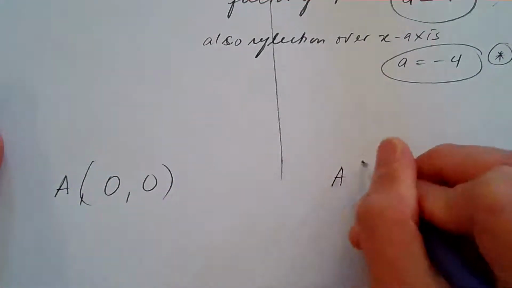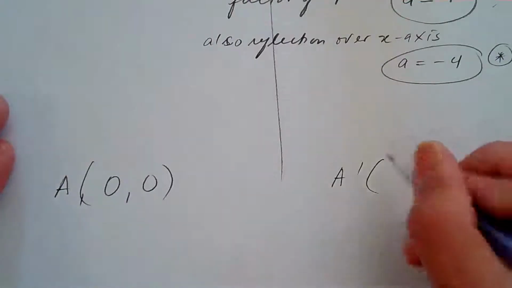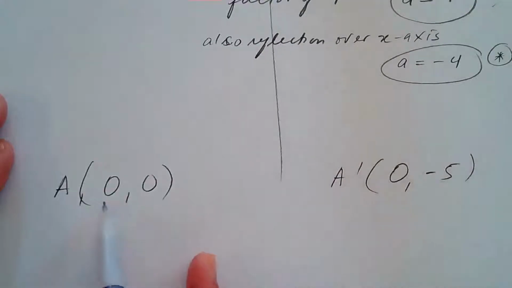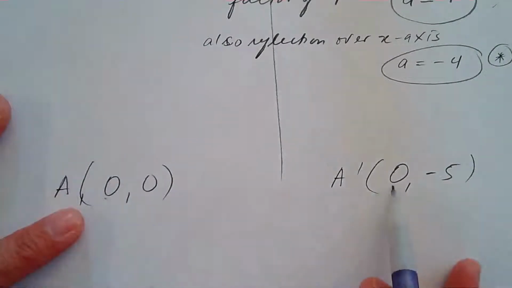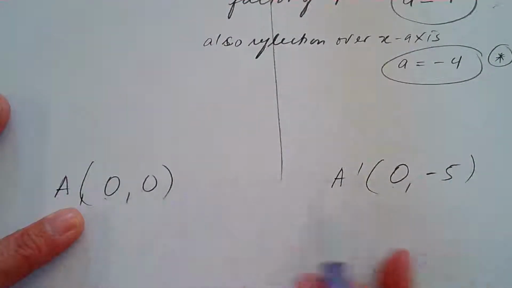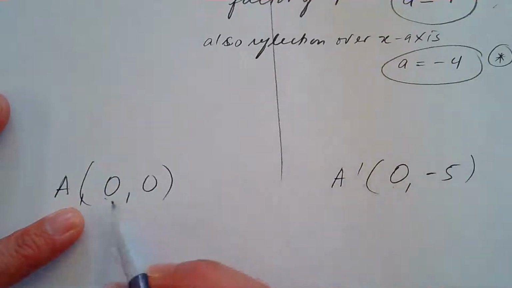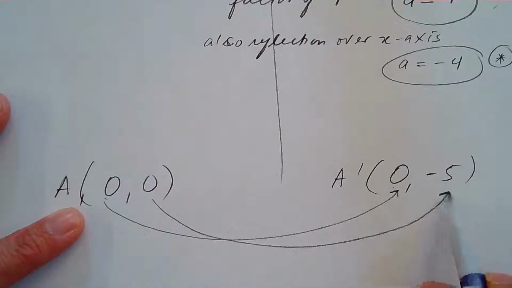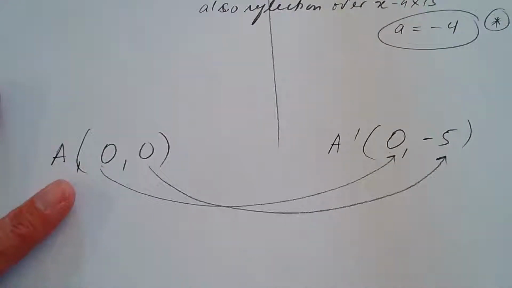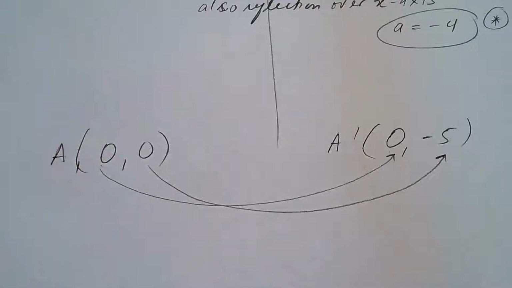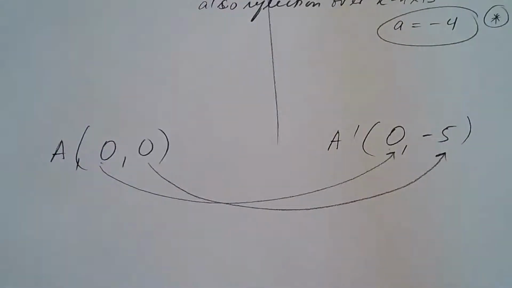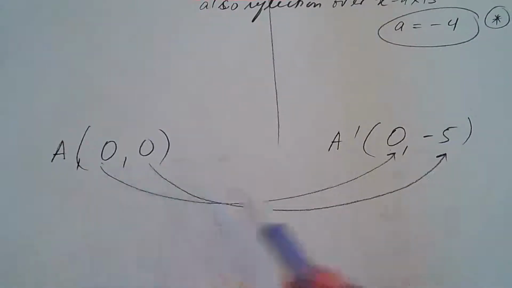Where is A prime? 0, -5. So from 0 to 0, nothing is added or subtracted, so it's the same. But 0 and -5, it's going to be down 5, right?